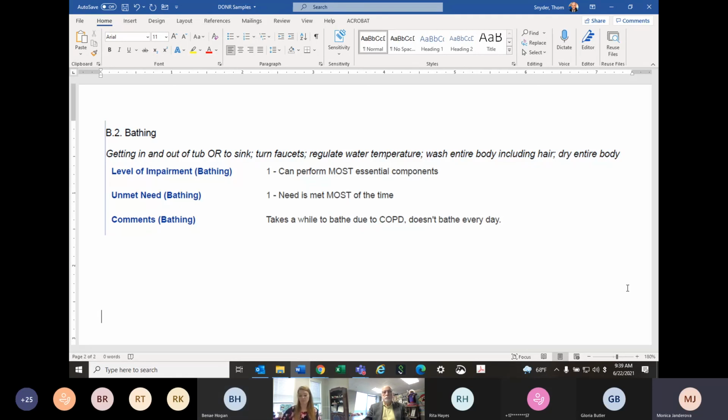And maybe some long tool to reach better without using her hands. So I see at least three things. A shower chair and handle would be one of those I would work with her about in her care plan.